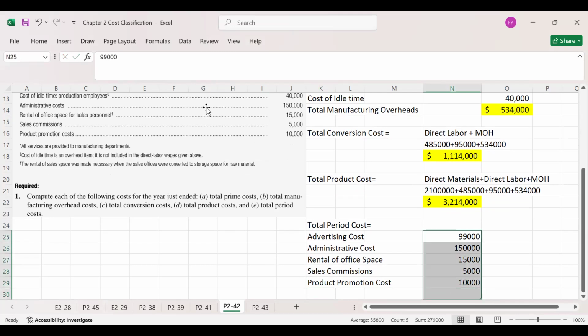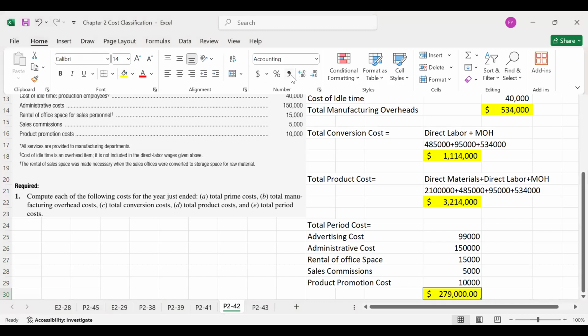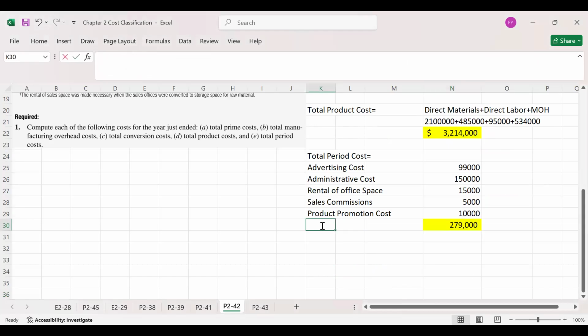So when we add all of these to get total period cost, the total period cost would be $279,000. So this is your total period cost.